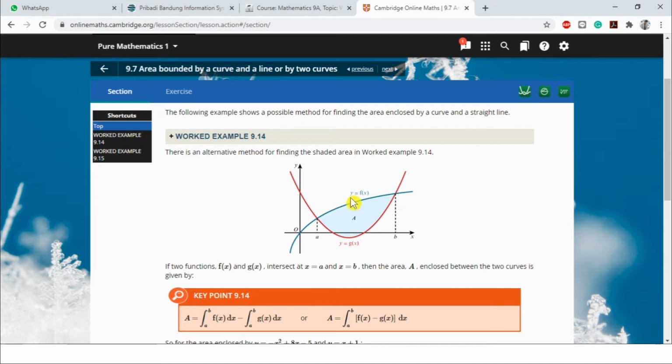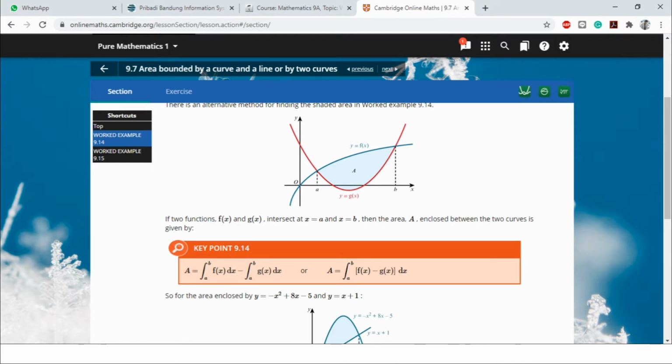The blue is y equals f(x), and the red curve is y equals g(x), right? So these two functions form this area, the blue area A, and then we are going to find the area of A.